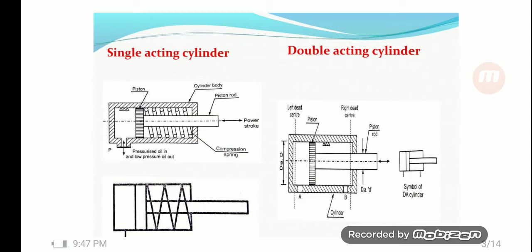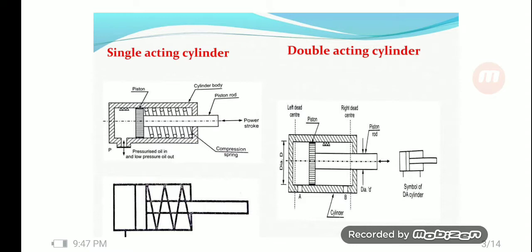When the pressurized air is inserted into the cylinder, the piston moves in the forward direction and the spring gets compressed. So the stroke is completed. When the stroke length is completed and the back pressure is reduced, the piston moves automatically towards the original position due to the release of the spring.